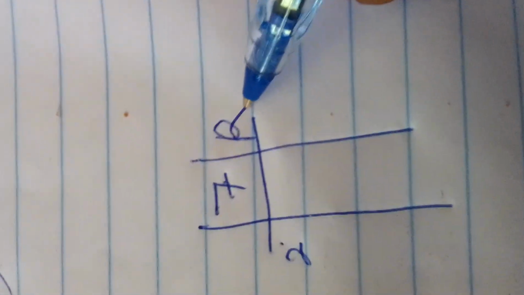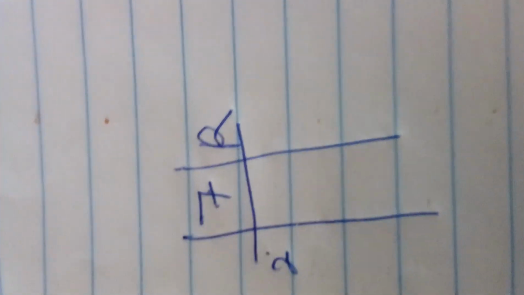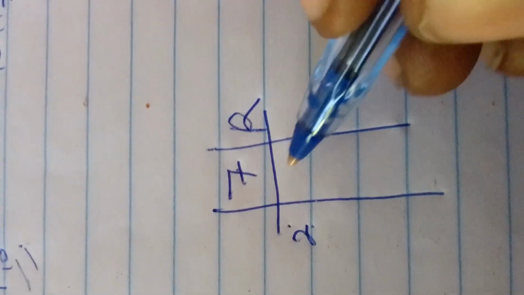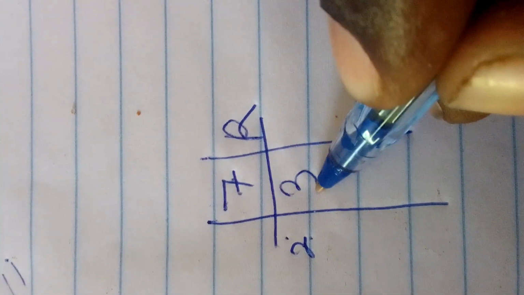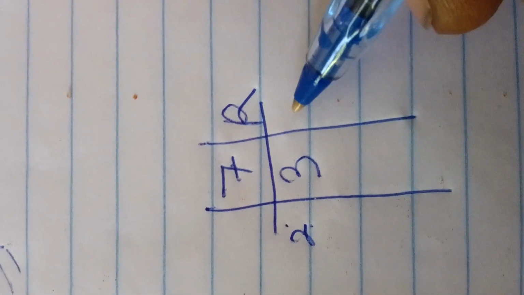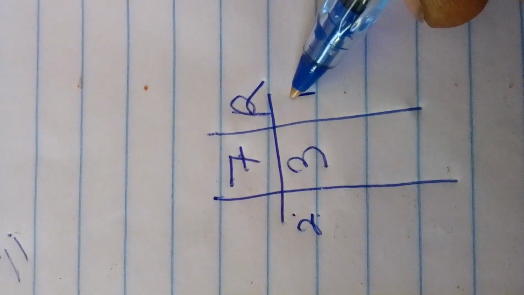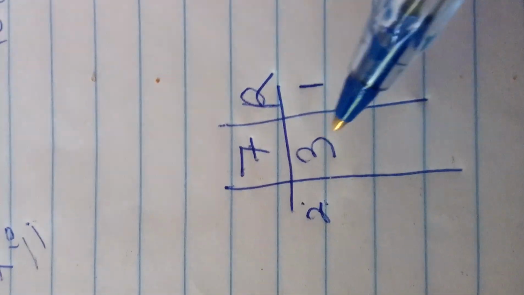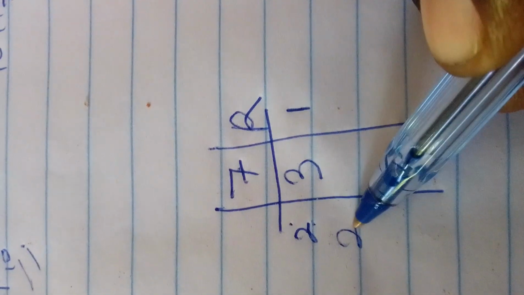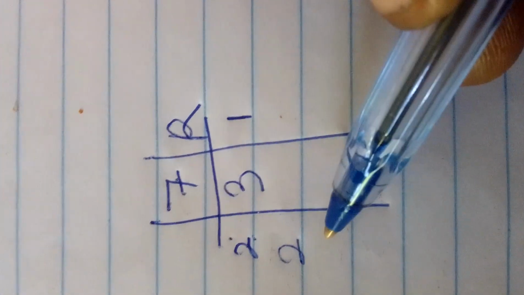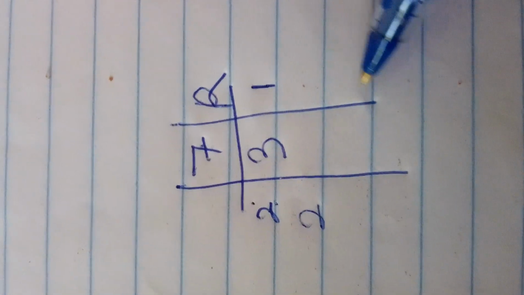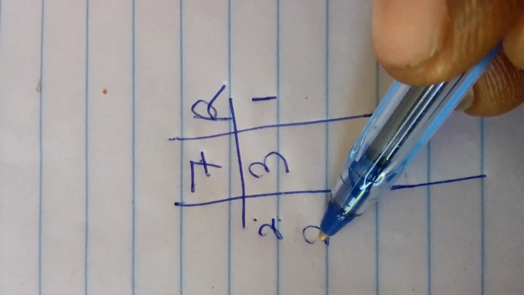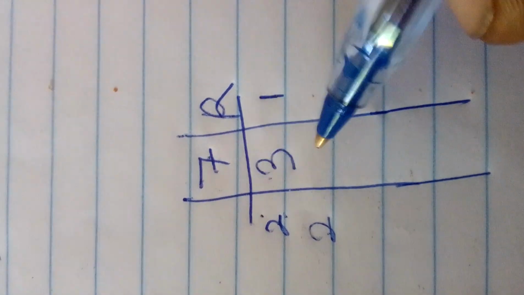The remainder digits will be either 1 or 0. So you say 2 goes into 7 how many times? It goes there 3 times. What is the remainder? The remainder is 1. So 2 goes into 7 thrice, remainder 1. The next step again is to divide by the base value. So you just divide by 2 all through until you get the last remainder. So again you say 2 goes into 3 how many times?